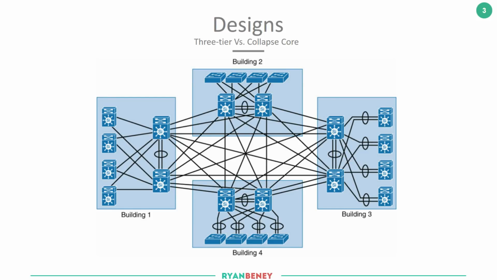It also increases things like routing complexities as new buildings are added, and additional routing peers are needed in the routing protocol.